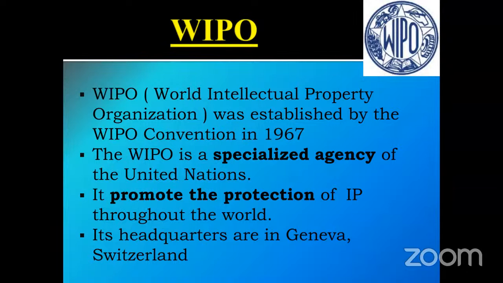That means there will be a case registered against him. There will be a penalty to that country or that particular organization. So this World Intellectual Property Organization is monitoring and regulating all these things worldwide.